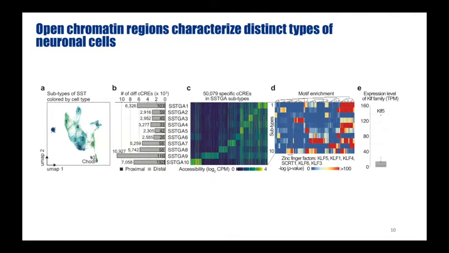I mentioned before, this is the SST Chodl cell we find as one of the subtypes. You can identify the differential peaks for this population, and from the differential peaks for this subtype, you can further do motif enrichment analysis to identify several potential driver TFs.